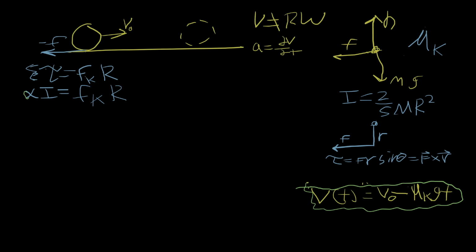So we know this angular acceleration is equal to a small part of our angular velocity, d omega, over dt, and then our inertia I is equal to 2 over 5 mass times radius squared, and we know that the friction is equal to the coefficient of kinetic friction times the normal force, and we know from our free body diagram that the normal force is equal to mg.